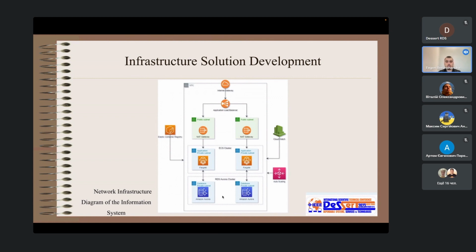As I mentioned, we have the Amazon Aurora serverless service for deploying the database solution, and we have private connectivity between application and database. Here we have monitoring, Amazon CloudWatch, and autoscaling. So based on monitoring data, we can scale up or down the database and our application. So here we have a combination of microservices and serverless technologies.